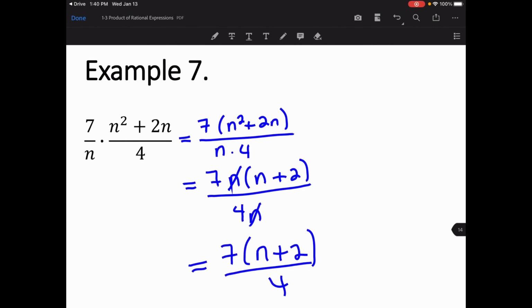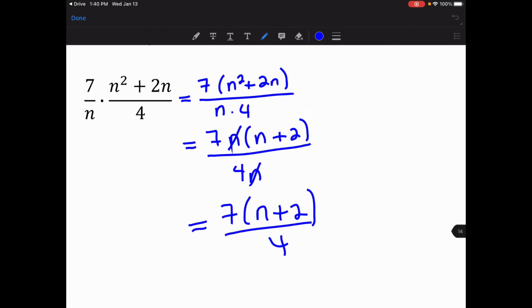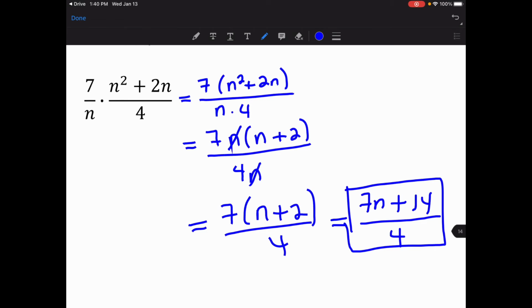You can leave your answer as this, or for our final answer, you can distribute. You can distribute 7 to n and 2, and that gives you 7n plus 7 times 2 is 14, all over 4. So you can either leave your answer as 7 times n plus 2, everything over 4, or 7n plus 14 over 4.